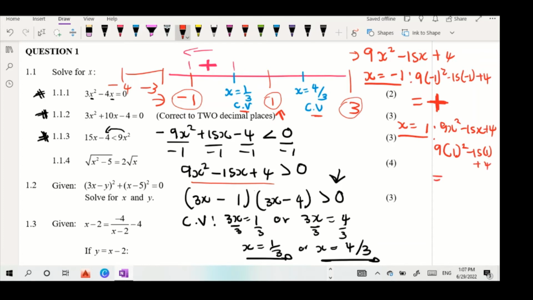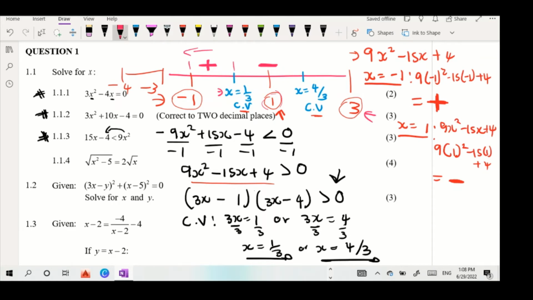The solution that you're going to get when you substitute this value, you're going to get a solution of negative. Once you get that solution, you're going to go there in between your critical values, because 1 lies in between the critical value of 1 over 3 and the critical value of 4 over 3. So you're going to write the sign that you got, which is negative. You write it down, and then you continue.